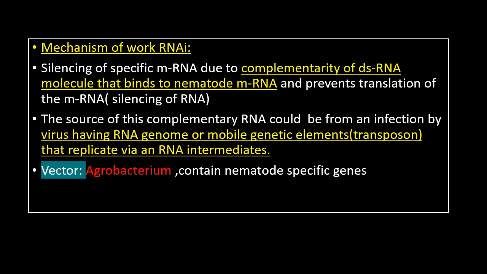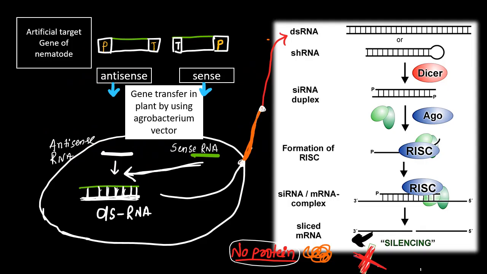So I'll discuss the mechanism of RNAi, how this RNAi works. This is the artificial target gene of the nematode. The nematode is targeted by RNAi technology. Through RNA, we silence the genes of the nematode.